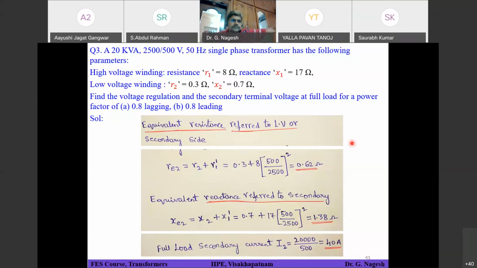I think you should be able to do this by now. Voltage regulation 10.6. That means the difference you are saying, or you are saying the percentage voltage regulation? Sir, percentage voltage regulation. Okay. So what is the difference E2 minus V2 for 0.8 lagging load? How much? 52.9. Okay, let's see that.